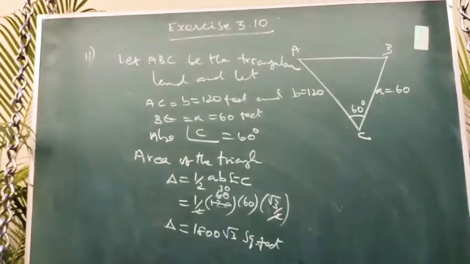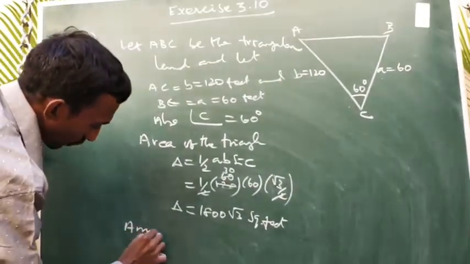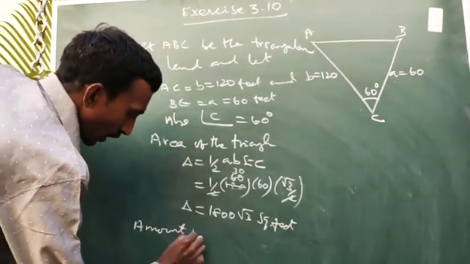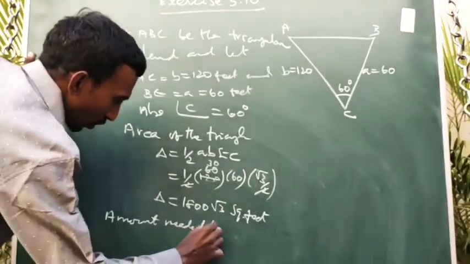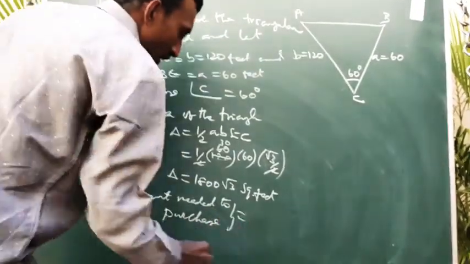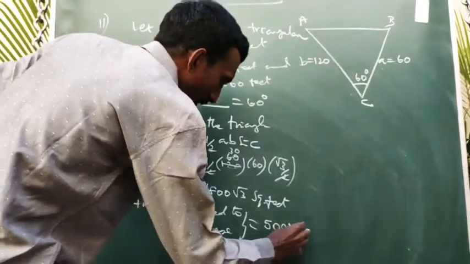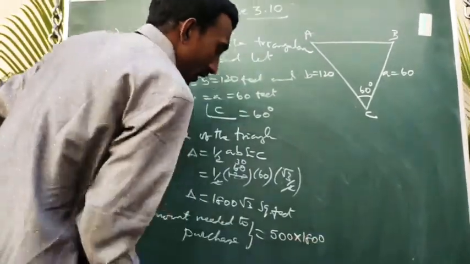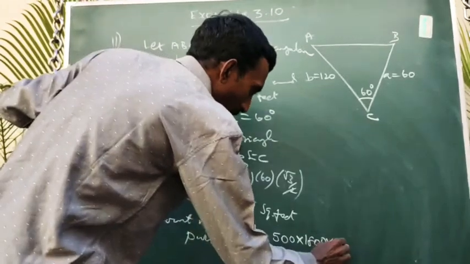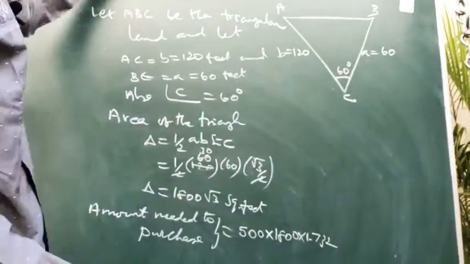Our aim is to find the cost. So the amount needed to purchase equals 500 into this answer. So 500 into 1800 root 3. Root 3 is nothing but 1.732, my dear student.